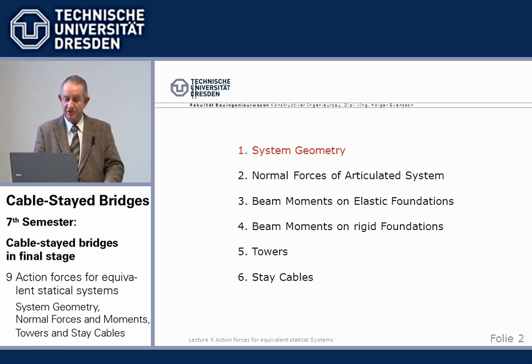And we will calculate or determine the permanent load moments on rigid foundations. You see here already 3 equivalent systems as an approximation, and I will show some basic moments for the towers, longitudinally and transversely, and for the stay cables.